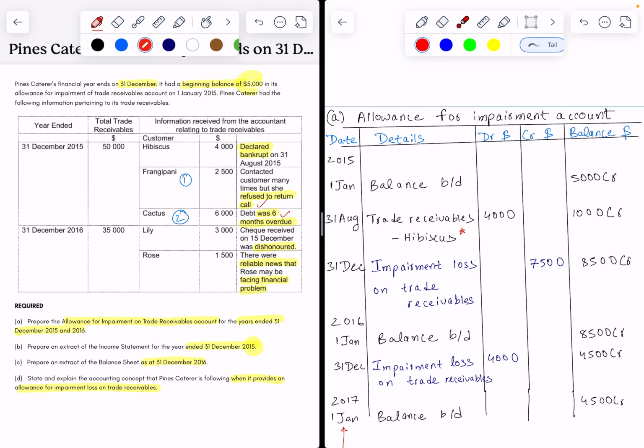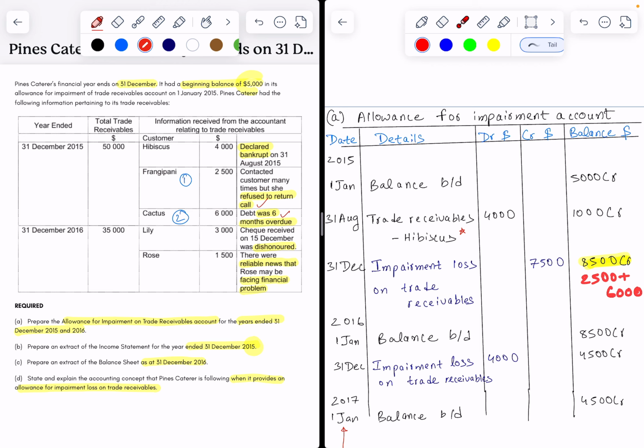So the allowance for impairment account at 31st of December 2015 must have a closing balance of $8,500 credit, based on the amounts owed by these two customers: $2,500 by Frangipani and $6,000 by Cactus. We are uncertain whether these people are going to pay us because we haven't really got in touch with them.